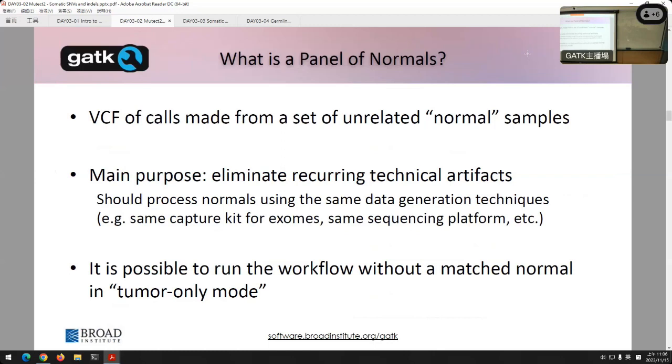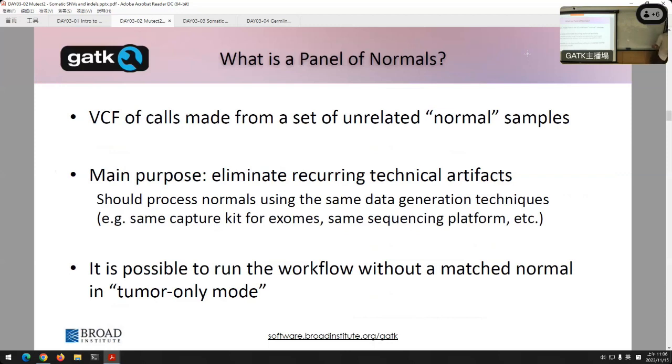The idea is, as much as possible, let's say you have a very low frequency mutation somewhere. It's low frequency, but weirdly, you see it in all your panel of normals, and you see it in your somatic cell. Well, that's not conclusive, but that's evidence that maybe the thing you're seeing is actually an artifact of your sequencing.